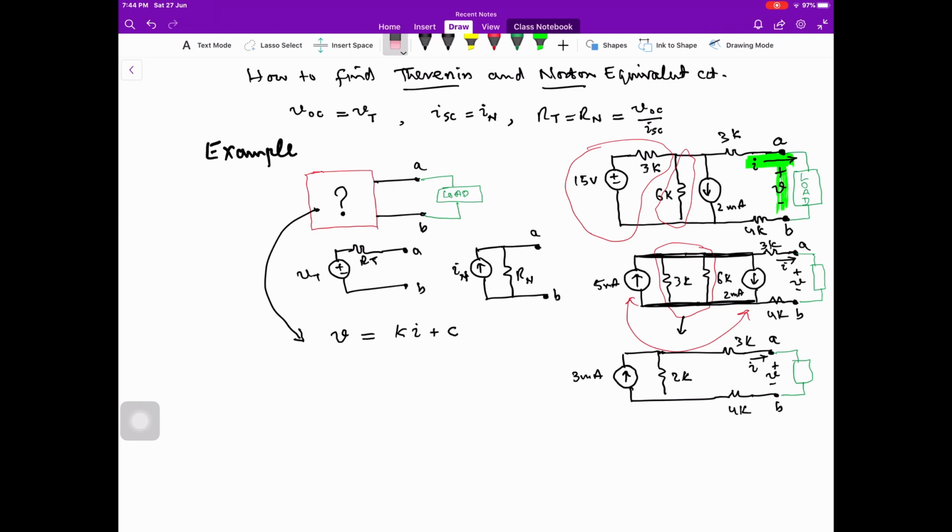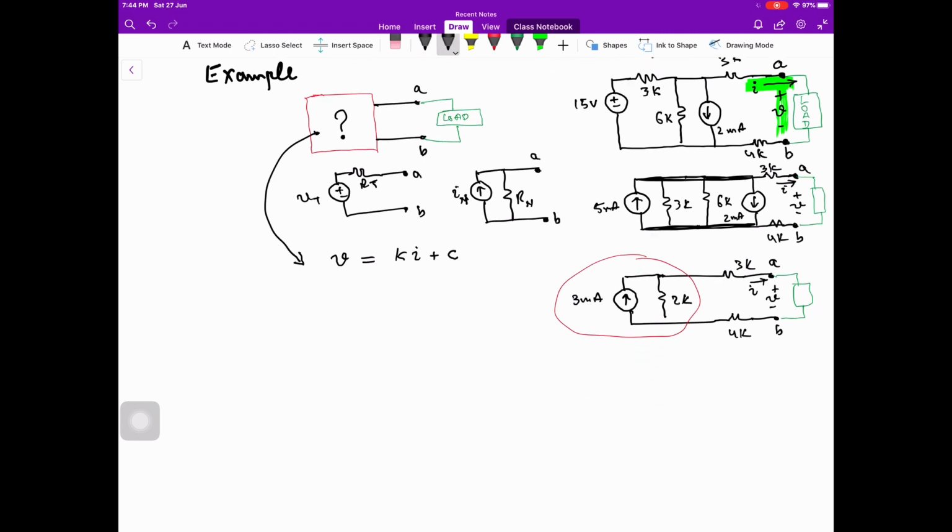Now again we see that this is a current source with a parallel resistance. We can transform it into a voltage source, as we have a current of 3 milliampere and a resistance of 2K.